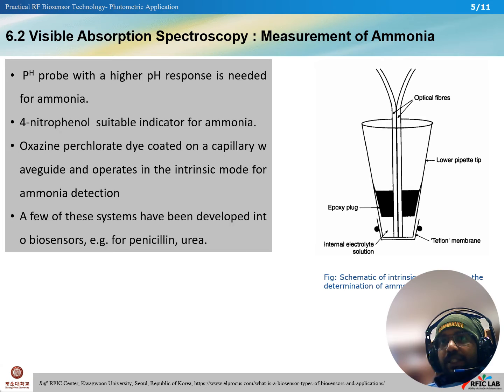In the figure we can see an optical fiber that is coated with the oxazine perchlorate dye. A few of these systems have been developed into a biosensor for penicillin and urea also.